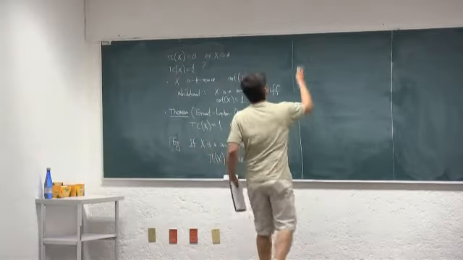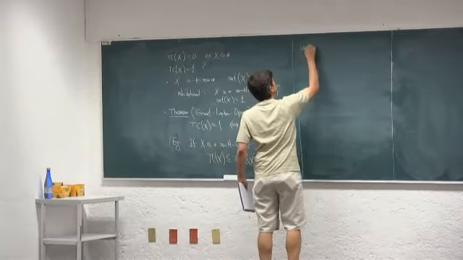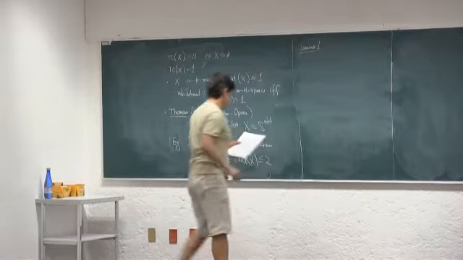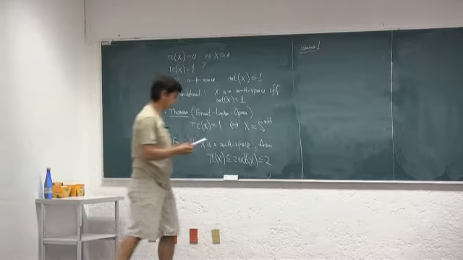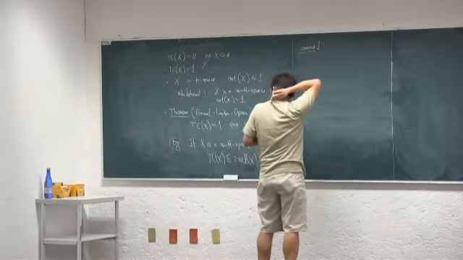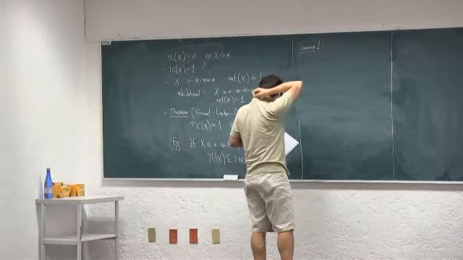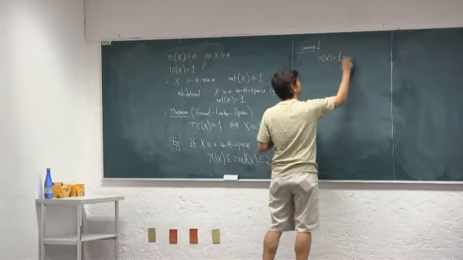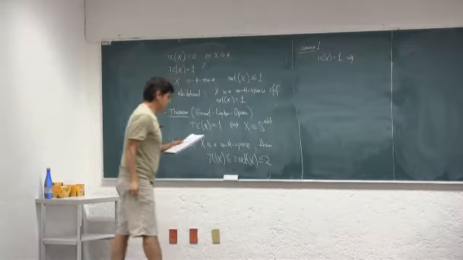So the proof is based on two results, which are rather easy. Namely, suppose that the topological complexity of a space is 1. Well, what can you say?